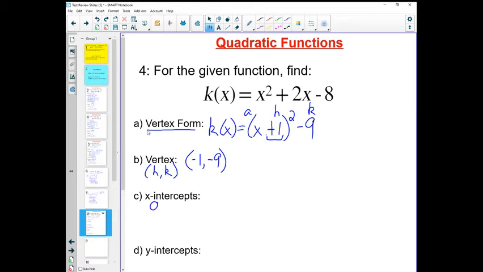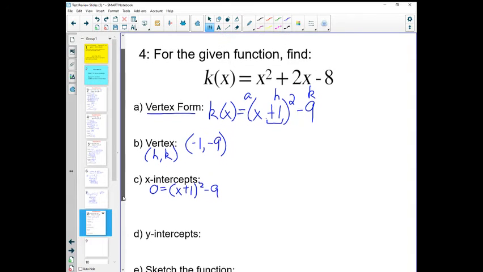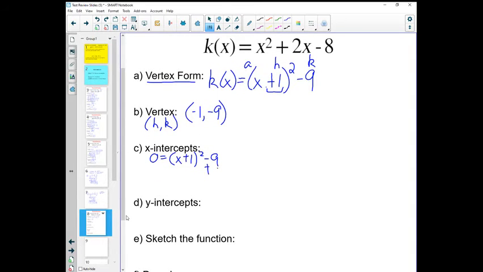To find the x-intercept, I'm going to set the entire function, when it's in that vertex form, equal to 0 and solve. To solve, we're going to need to move the 9 to the other side first by adding it over. To undo that square, we're going to take the square root of both sides, and the square root of 9 is plus or minus 3.